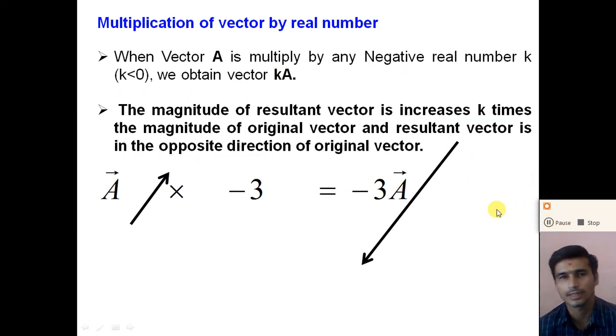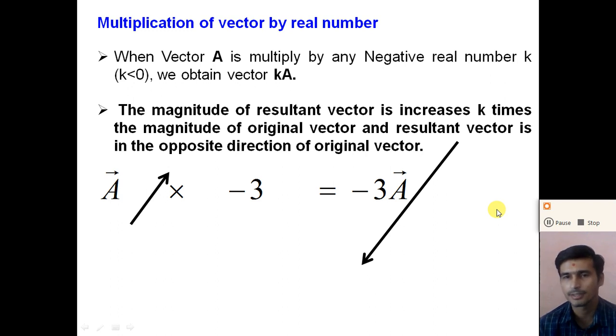So dear student, understand how a vector is multiplied by a real number, multiplication of a vector by a real number. If the vector is multiplied by any real number k, the magnitude of the resultant vector is scaled by k times. But if the real number k is positive, the resultant vector is in the same direction as the original vector.